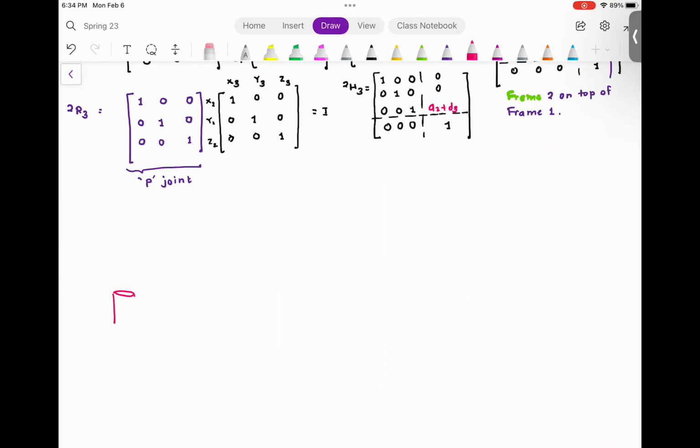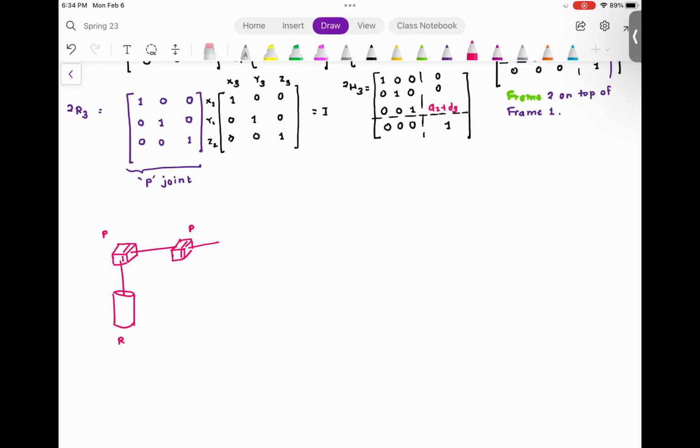One case is you have a revolute joint, then you have a prismatic joint, and then on top of it, you have another prismatic joint. So this is R, this is P, this is P.